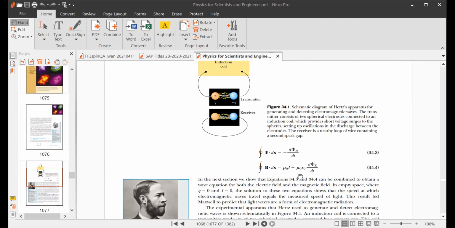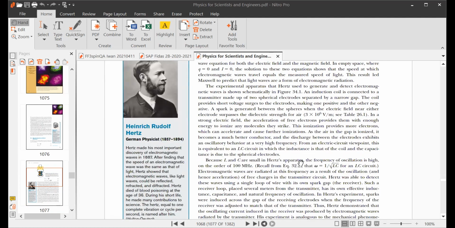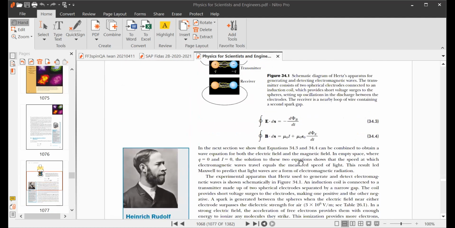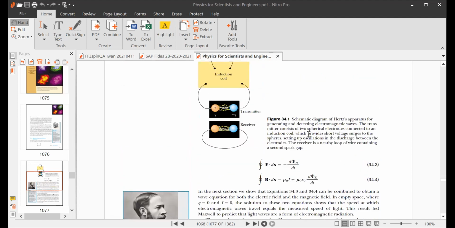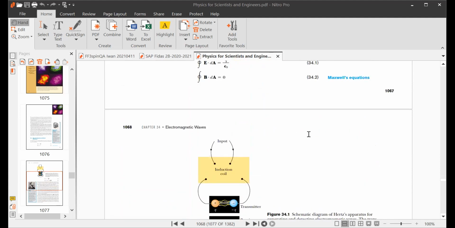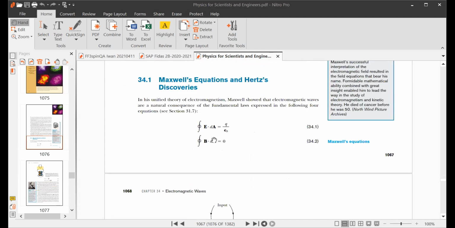So basically Maxwell add these last two, the last term in order to satisfy some, we call it the continuum equation, okay? So if we consider the vacuum Maxwell equation, vacuum means there is no source, okay?